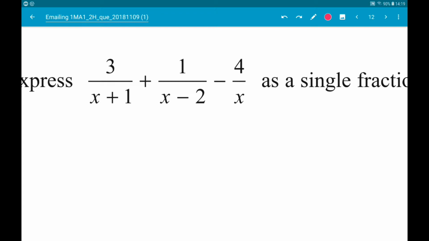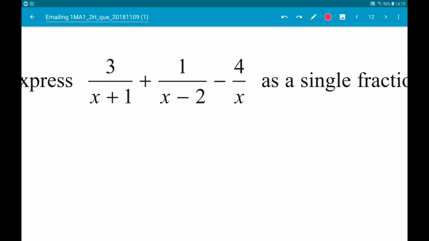So the common denominator is going to be x add 1 times x minus 2. So for the first fraction, we need to multiply the top and bottom by x minus 2.